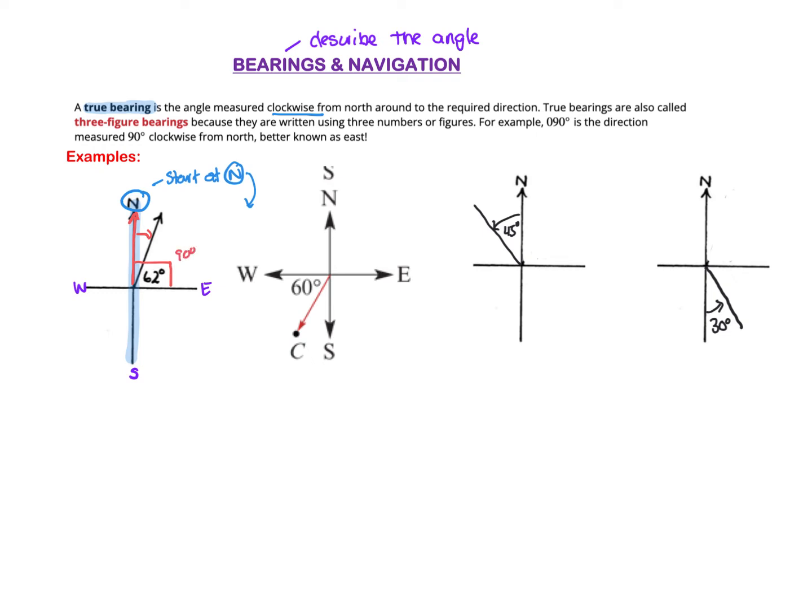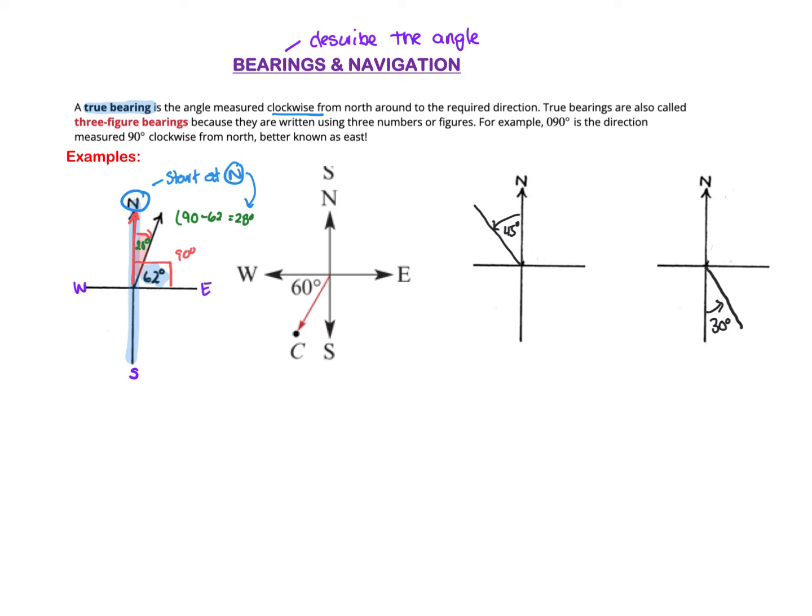So if there's 62 in this bit here, what would this bit in here be? You're going to do 90 minus 62, which is 28. Maybe you might want to write that down. So we know in here is 28 degrees.